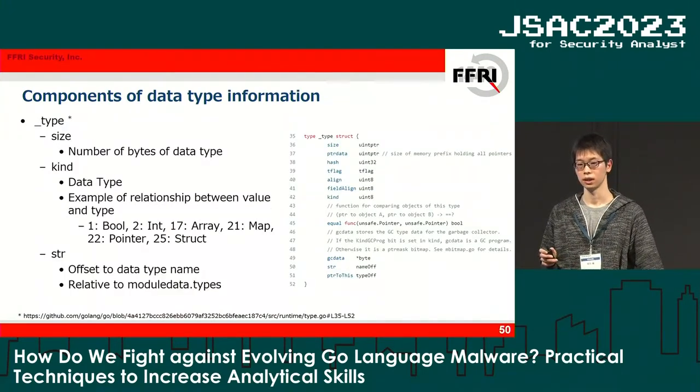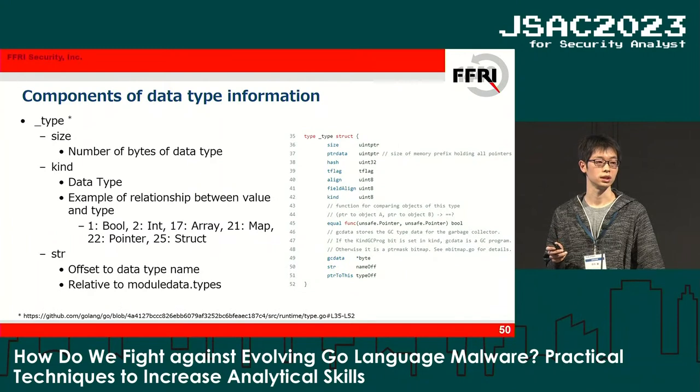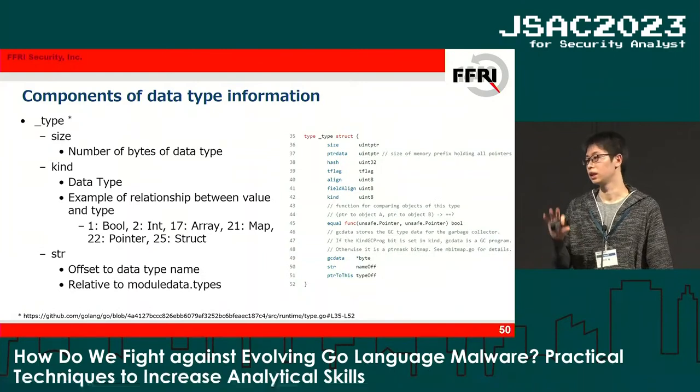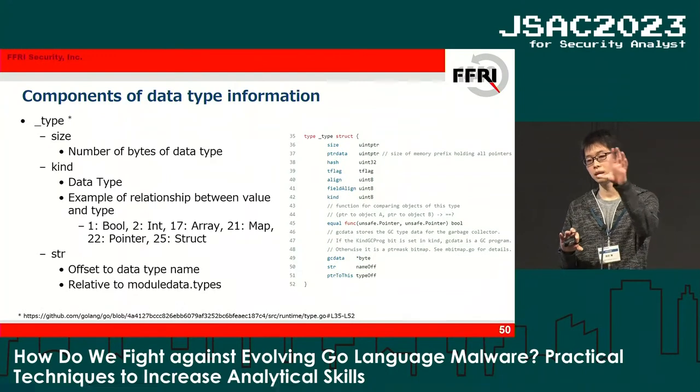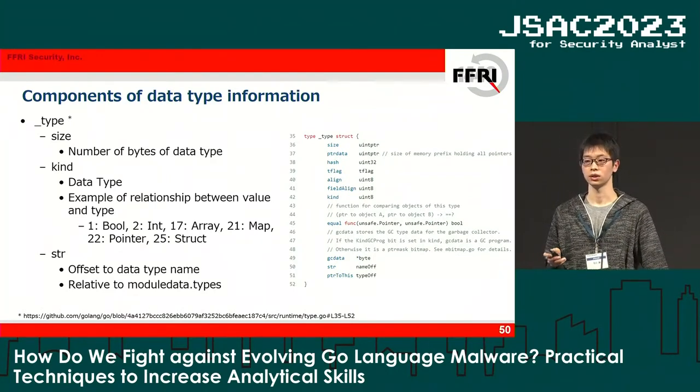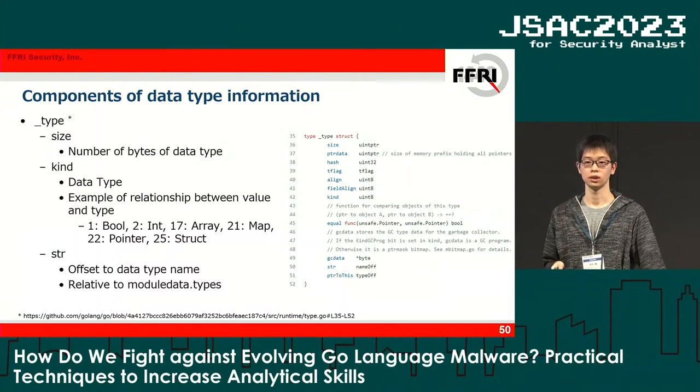Looking at this information, for the basic analysis, the size of the data type is retained, along with the data type information, the structure pointers, and depending on the value, it changes. But data specific information is at the end of the _type. So these additional information, such as struct field information, are retained.